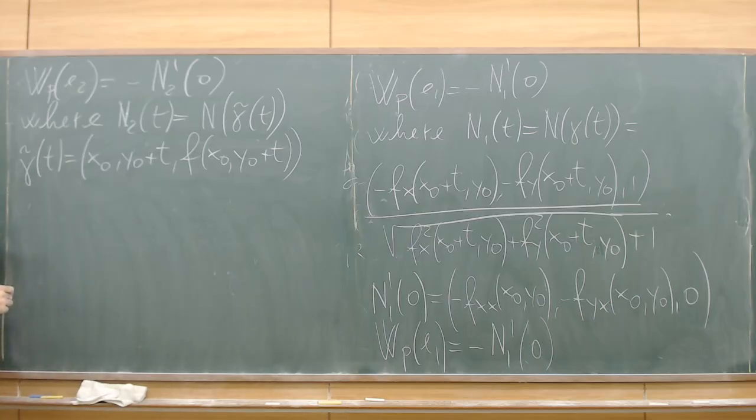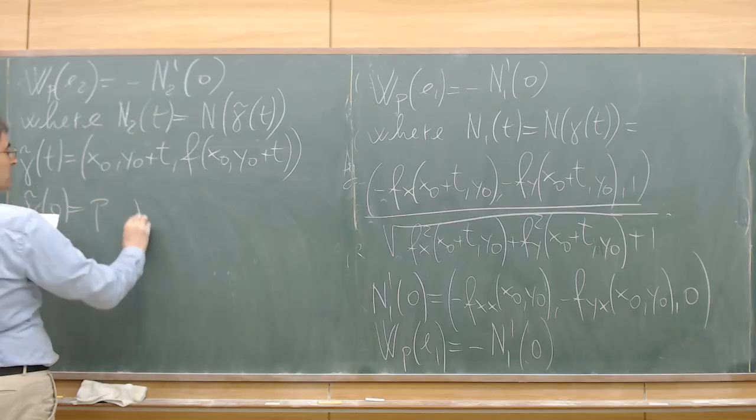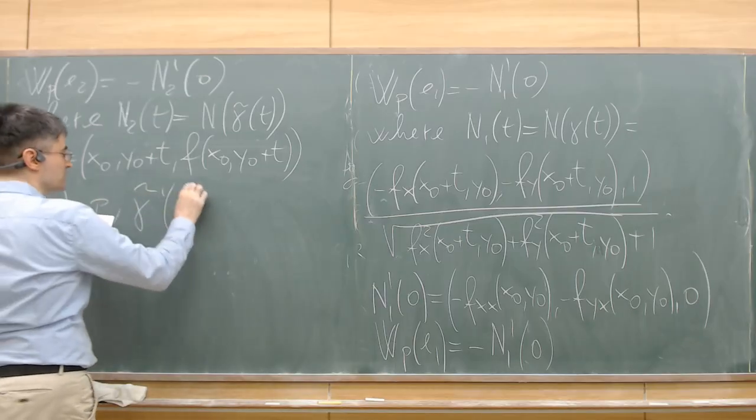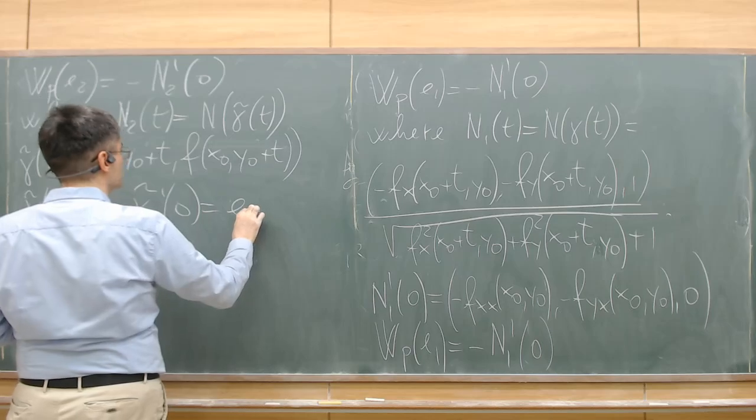This is a curve with gamma tilde of 0 equal to P, gamma tilde prime of 0 equal to E2.